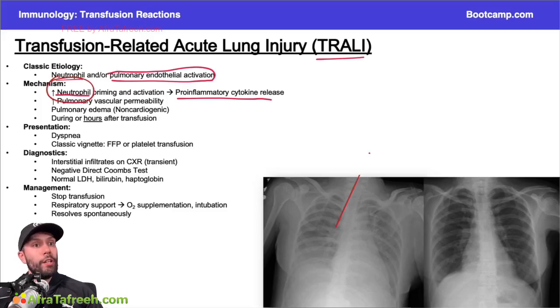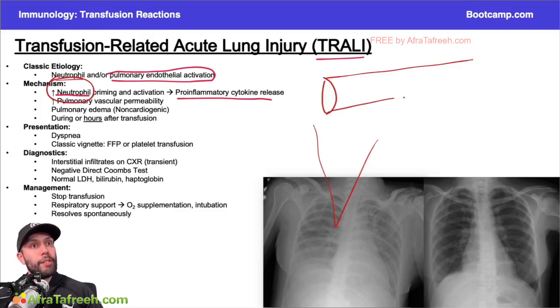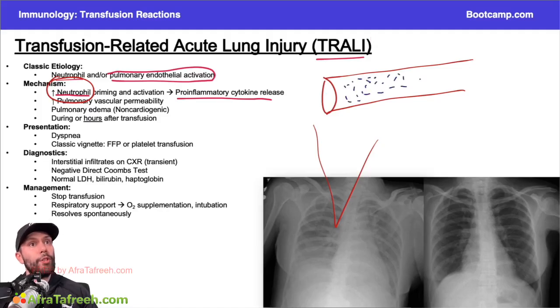So if I take a snapshot way deep into the lung parenchyma, I'm going to take some pulmonary blood vessel here. I have a blood vessel running here, and all of these neutrophils have released cytokines into the pulmonary vessel. These are acute inflammatory cytokines, and they're going to cause vasodilation of these pulmonary vessels.